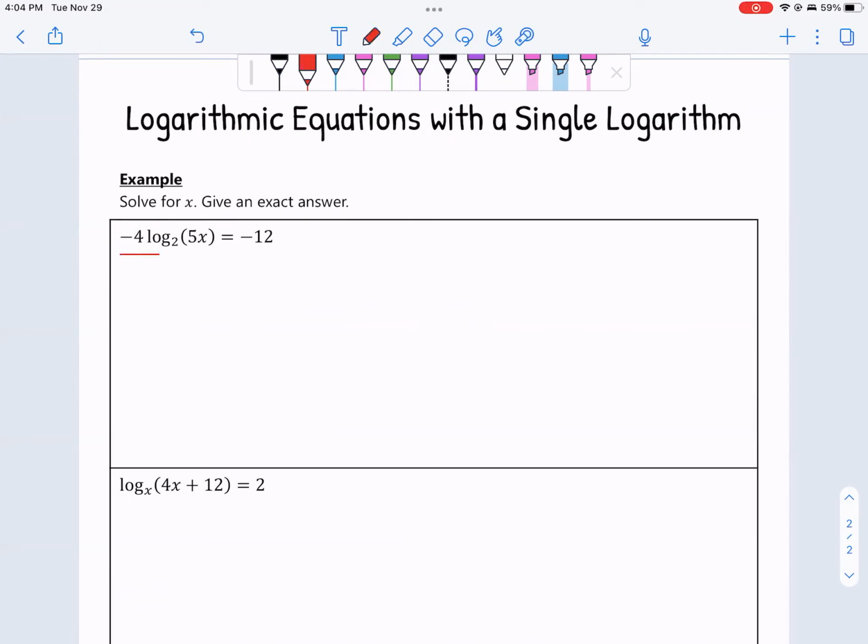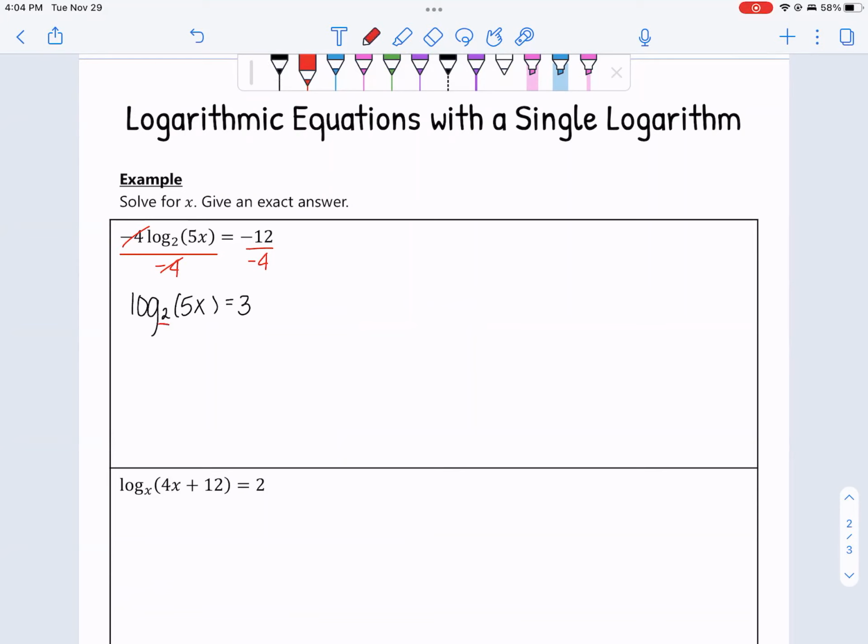Instead, let's think differently. If we divide both sides by -4, we can cancel out this -4 over here, and then it's gone. So we would have log base 2 of 5x is equal to 3.